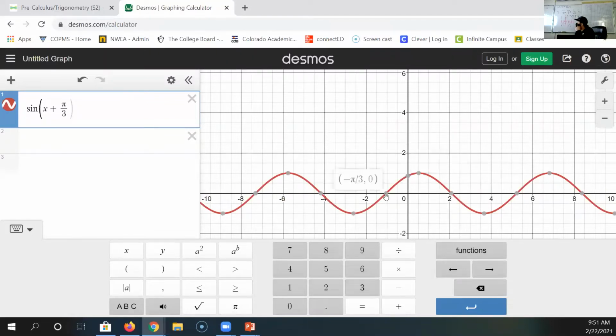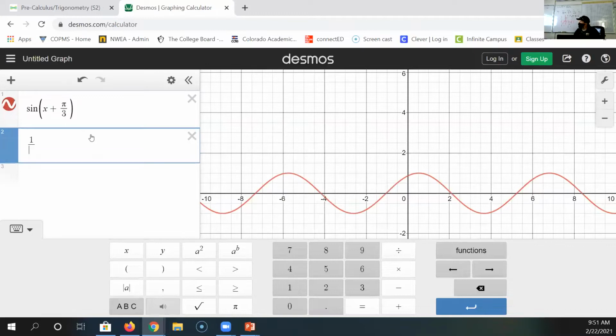With it starting at negative pi thirds. That's what I graphed in red as kind of my guiding function, you could call it.